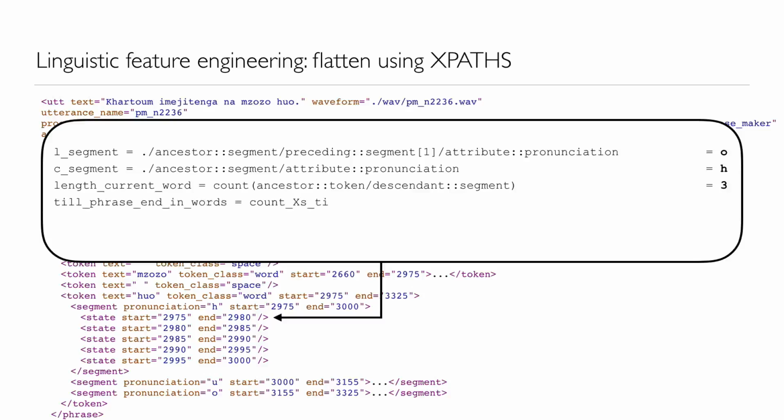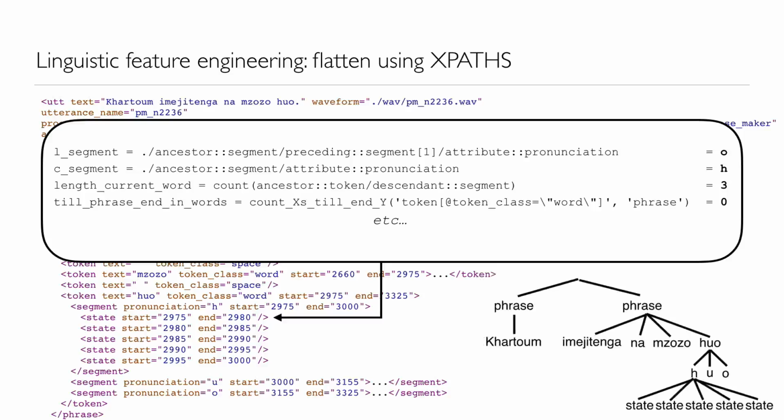Here are 4 examples of XPath expressions that we use to extract features at each phone or at each state across an utterance. I've given 4, but you might use 50 or 100, 200 of these. And I'll just break one of these down so you get some idea of the implementation.